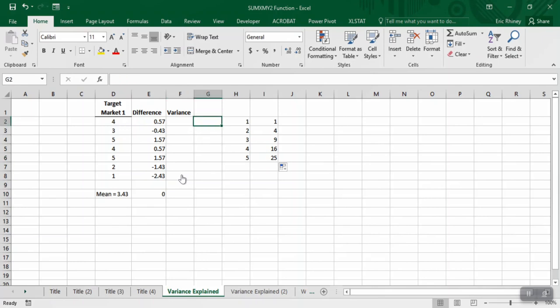So if I were to do the same thing here, I'm just going to copy this over since I have that here. So this is just the squared of this 0.57. I'm going to copy this down, and then I'm just going to copy this over. And you can see that our total variance as a measure is 13.7. All right.